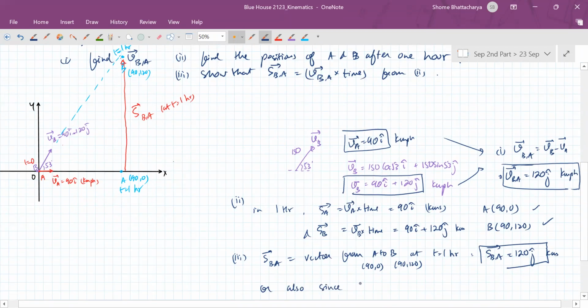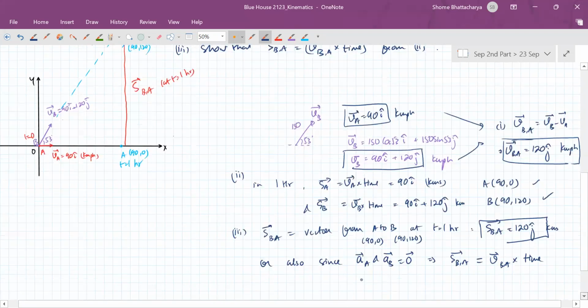since acceleration of A and B is 0, therefore relative displacement can also be expressed as relative velocity into time.